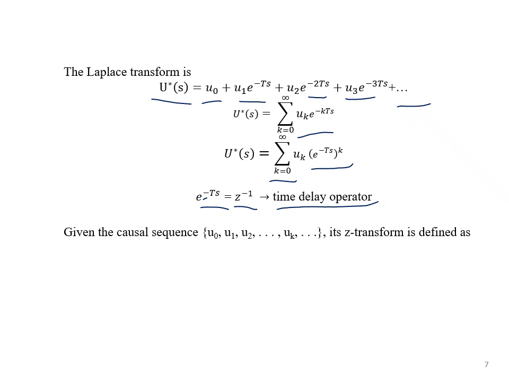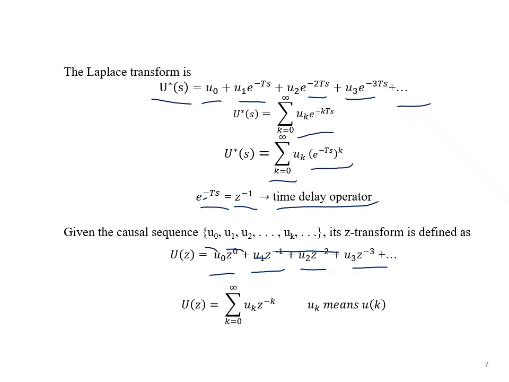Then the causal sequence is u0, u1, u2 until uk. Its z transform is defined as u0 z power 0, u1 z power negative 1, u2 z power negative 2, plus u3 z power negative 3, which is in the summation form, summation k equals 0 to infinity, uk z to the power negative k, where uk means u subscript k equals u of k.